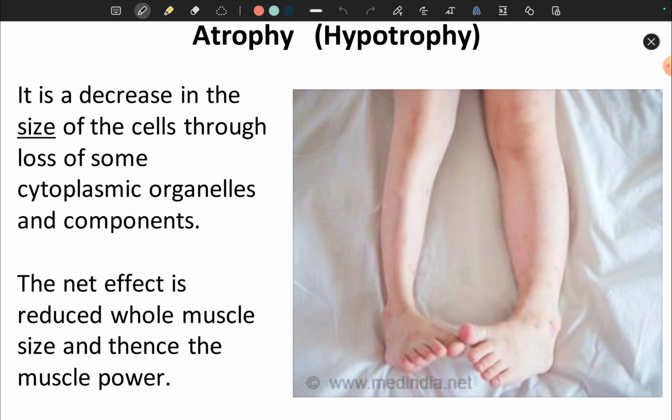There is reduction in the size of the muscles of the right one. So this is atrophy. As a result of the reduction of the size, there will be what else? A reduction in the power. So the muscle is not working normally as the other side or the other skeletal muscles of the body. This one will be more weak.